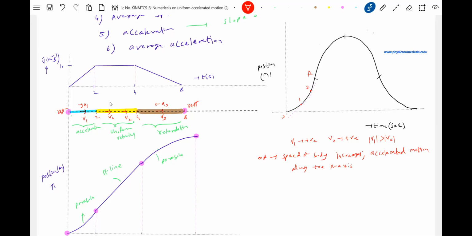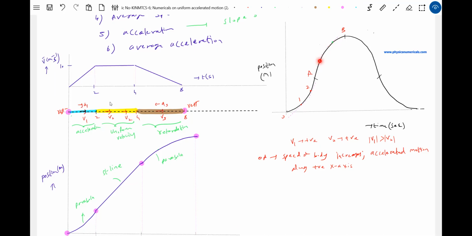Next, A to B we will see. Again, to analyze this, we'll draw a tangent at 2 different points. One tangent I'll draw here, the other tangent I'll draw here. Look at the angle made by the tangents. Look at the green dots here.